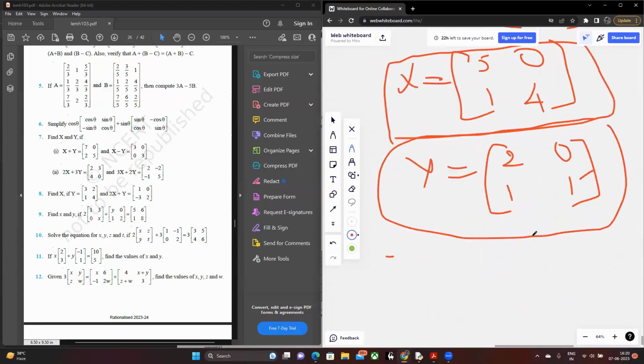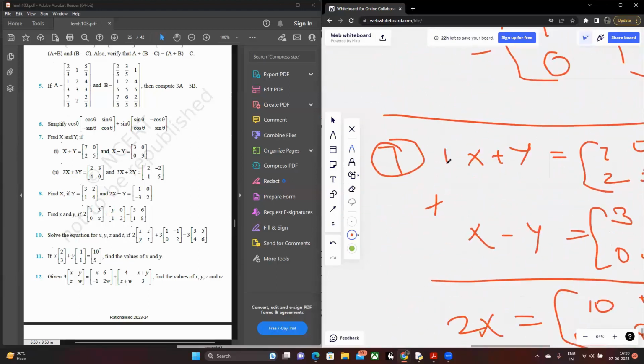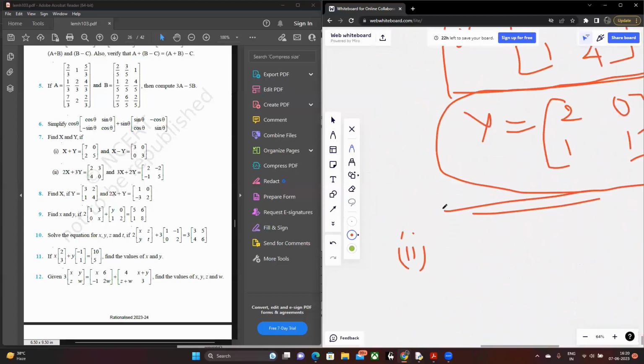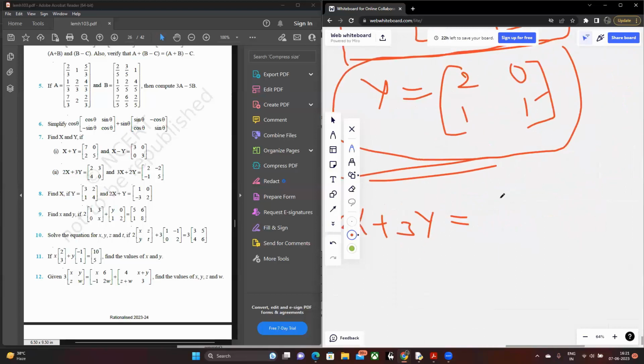Right? That gives us 7.1, 7.2, wait, this is part 1, which states that 2x plus 3y is equal to 2, 3, 4, 0.